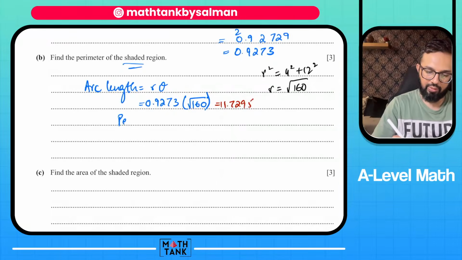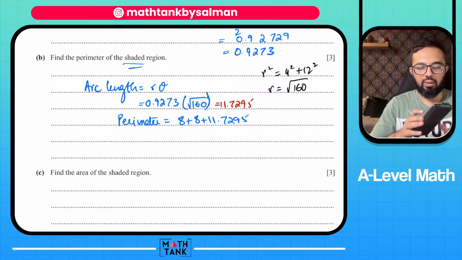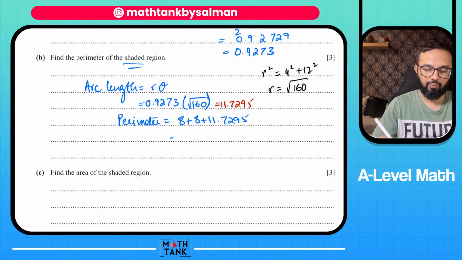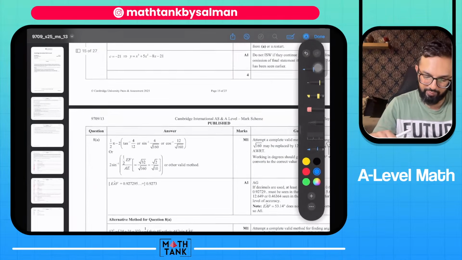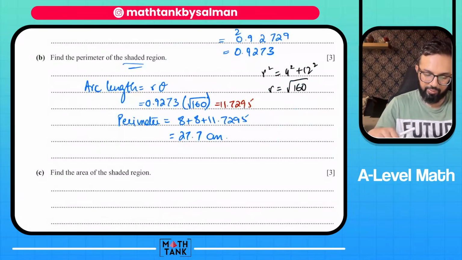So perimeter is 8 plus 8 plus 11.729, which is 27.7. Check if that is the correct answer. Yep, that is the correct answer.